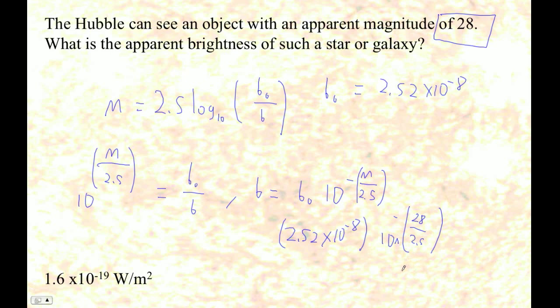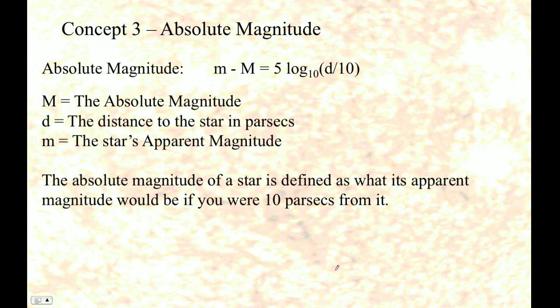Boy, I sure hope this is the right answer. 1.59 times 10 to the minus 19th. And that, of course, is watts per square meter. How is it watts? Oh, because this guy is watts per square meter and this has no units, and so there we go. I guess with 2 sig figs, we'd have to say that. Apparent magnitude, not so bad, is it? Do you have any more? No, we don't. All right.